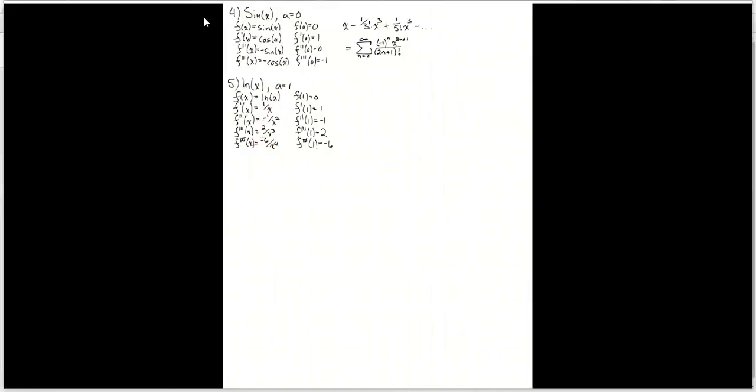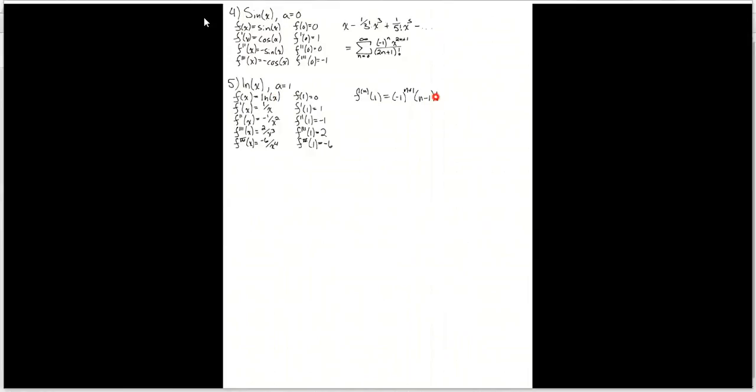Right? So we can write out that our nth derivative at 1 is equal to -1 to the n plus 1 times n minus 1 factorial.